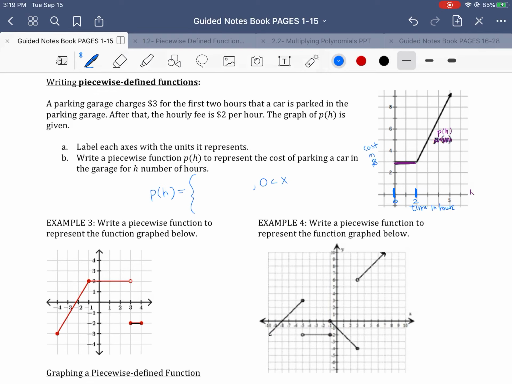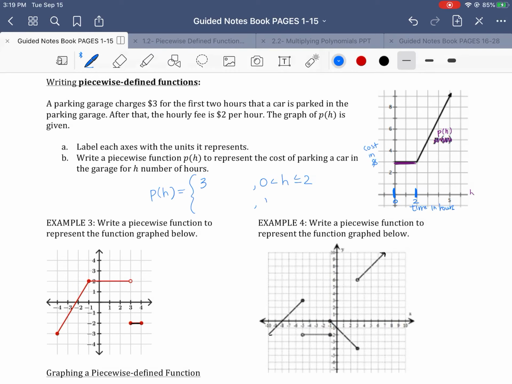But if we park anywhere from 0 up to, oops, I shouldn't use x, we're using h here, 0 hours up to 2 hours, I just have to pay $3. So again, if I'm going to write an equation, that's just actually no slope or 0 slope, and then I'm just flat rated at 3. So any value within there would give me a $3 cost.